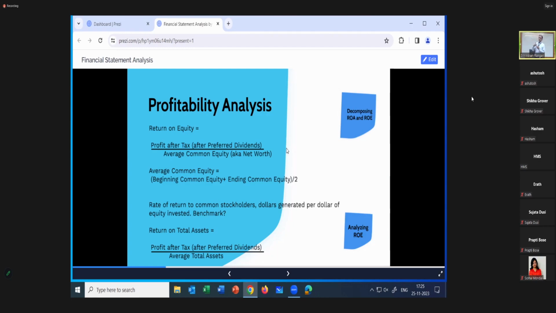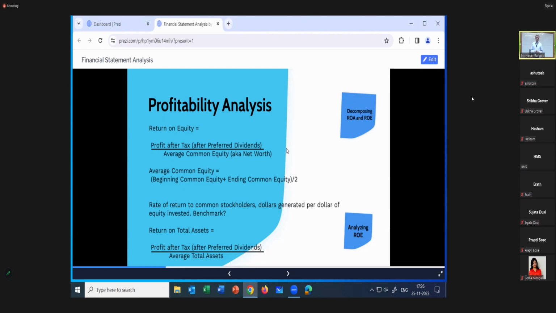So ROA makes sense in the context of mergers and acquisitions. It's more relevant for performance evaluation when you're considering acquiring another company. So these are the broad settings for when you would use ROE and when you would use ROA.